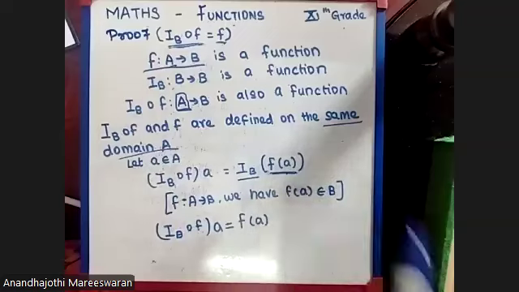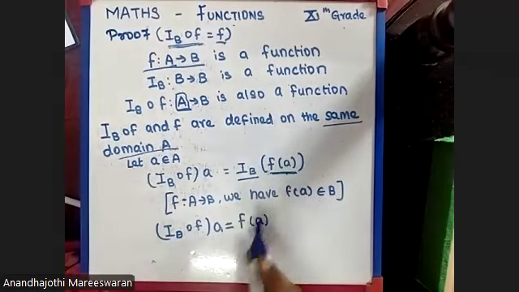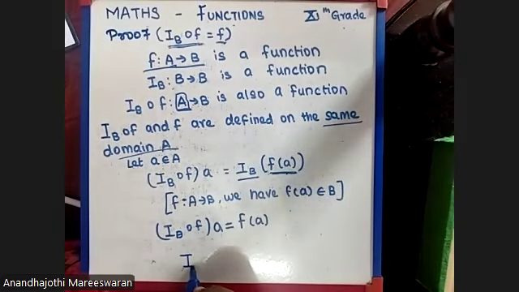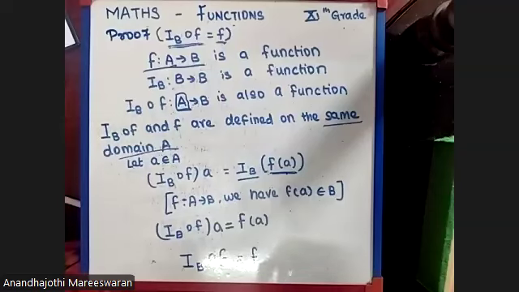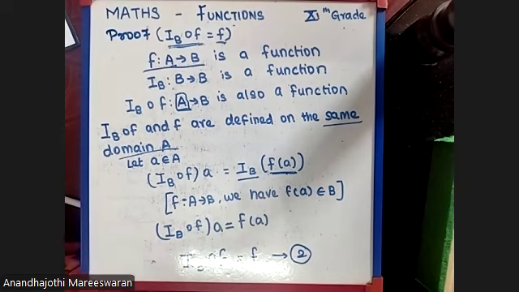So from both of these, we can conclude I_B circle f equals f. Already we have an equation 1, so I will name this equation 2. I will give you 2 minutes so that you can copy down. We will move to the next step.